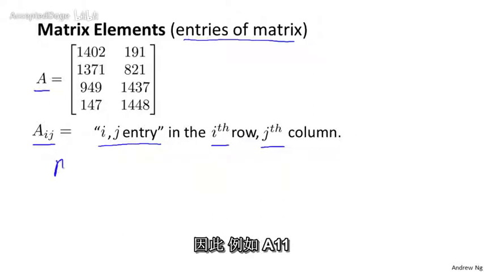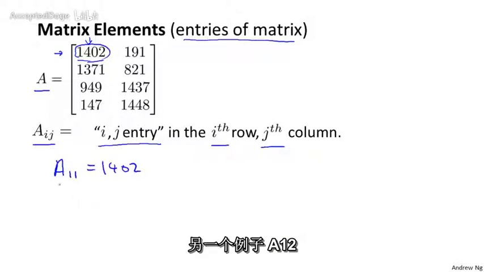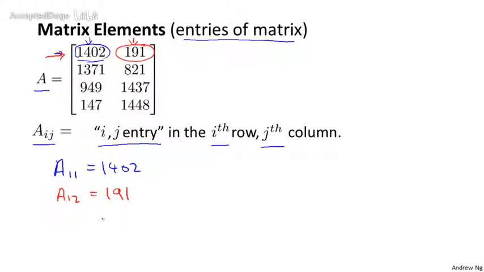So for example, A11 refers to the entry in the first row and the first column, so A11 is equal to 1402. Another example, A12 refers to the entry in the first row and the second column, so A12 is equal to 191.